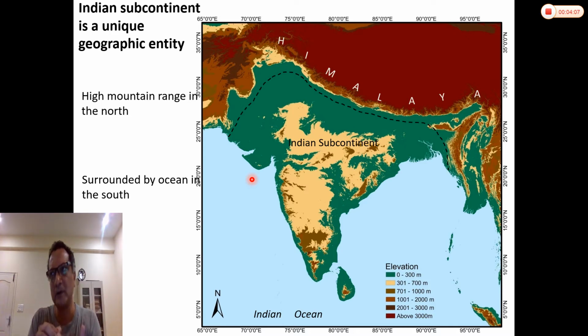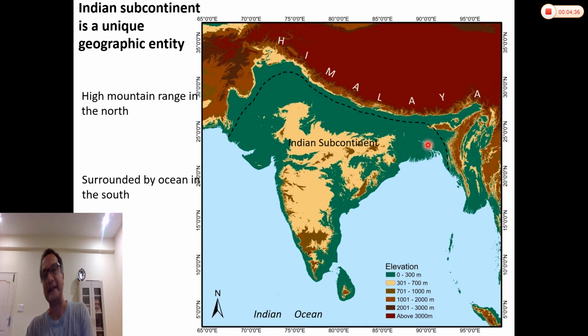So upon the initial collision, the Himalayas had not really risen as much, so there was easy movement of flora and fauna. And then the Himalayas rose rapidly, probably then cutting off India from the rest of Asia once again. And maybe in the northeast, because the mountains are not that high, elements could move in and out.